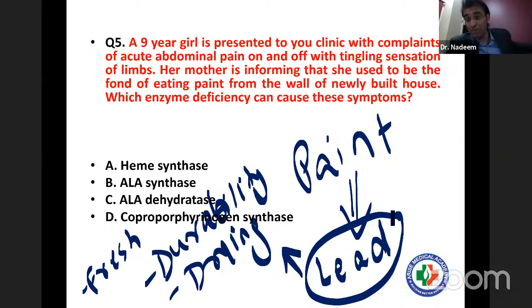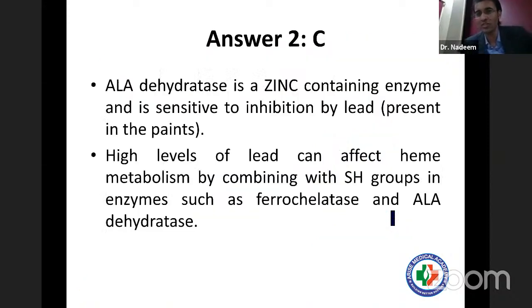But what about my patient? My patient likes wall paint a lot, so she can have lead poisoning. I hope you remember from biochemistry which enzyme deficiency or blockage of which enzyme is seen there. ALA dehydratase, do you remember this one?